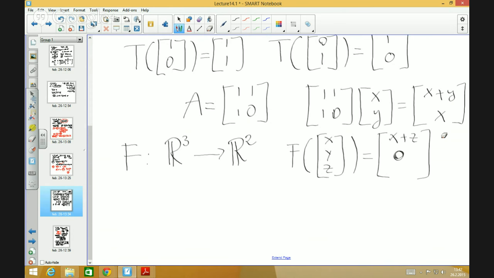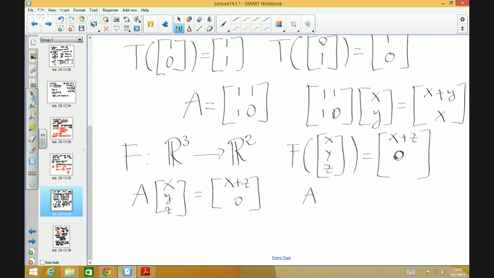Why? Because our A should be such that you feed it with a vector (x, y, z), so it should have 3 columns, otherwise it's not possible to do this multiplication. And the result should be something with 2 rows, so A must have 2 rows.